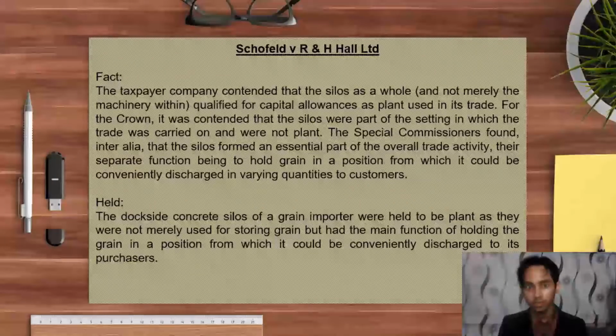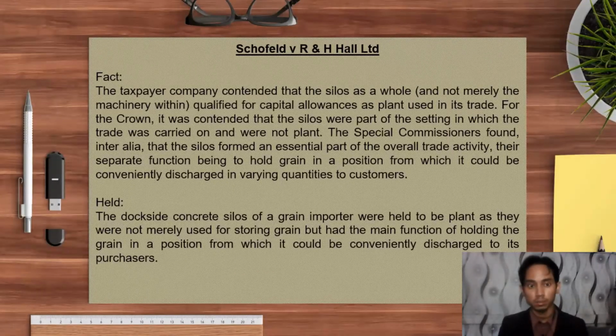Together with this case, Schofield vs. R&H Hall Limited, the taxpayer company contended that the silos as a whole, and not merely the machinery within, qualified for capital allowance as plant used in its trade. For the Crown, it was contended that the silos were part of the setting in which the trade was carried on and were not plant.